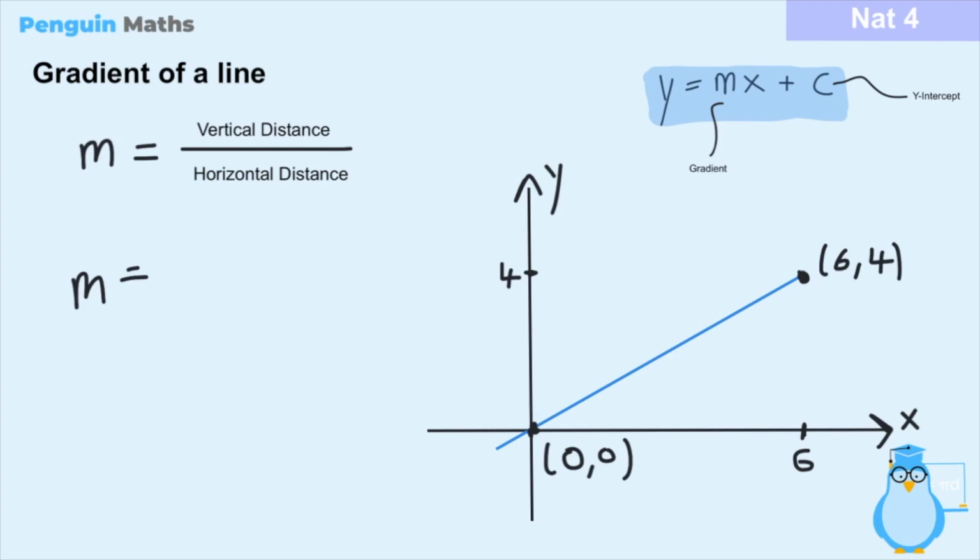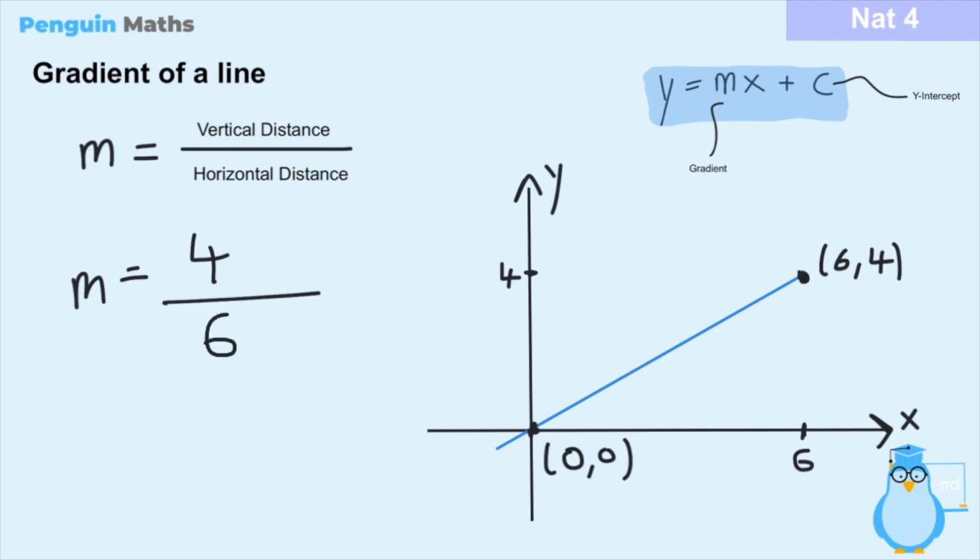And then the vertical distance between the 2 points is the distance up and down, so we can see here that the point starts at (0, 0) and (6, 4) comes up to here, and the distance up and down we can see is 4, so the vertical distance is 4, and then the horizontal distance is the distance left to right, and we can see here between this point and this point the horizontal distance is 6, so we can write that in as well.